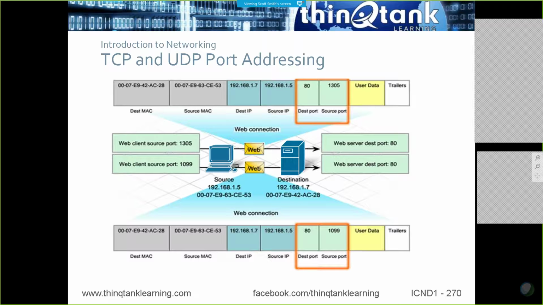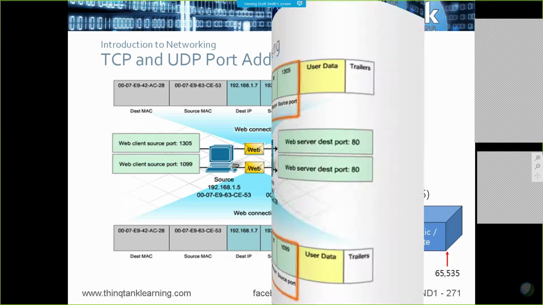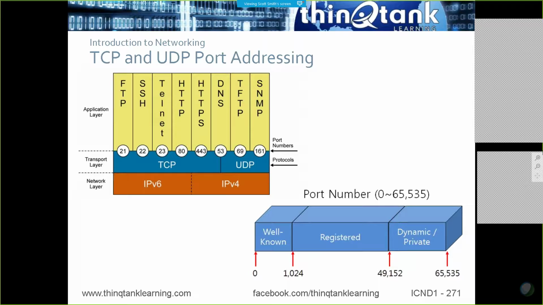And that is the one distinguishing factor that allows the PC to know, hey, this stream goes to this application window and this stream goes to the other application window. All right? So those port numbers allow us to define the application.